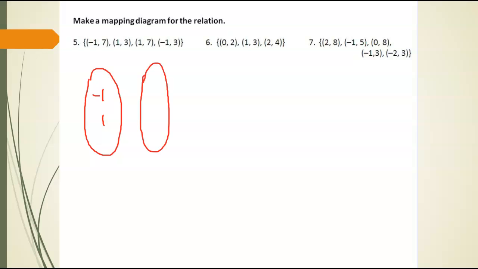Then we set up our range, which is 3 and 7. And then we create a mapping from the domain to the range. So this first point tells me -1 maps to 7. 1 maps to 3. 1 maps to 7. And -1 maps to 3.